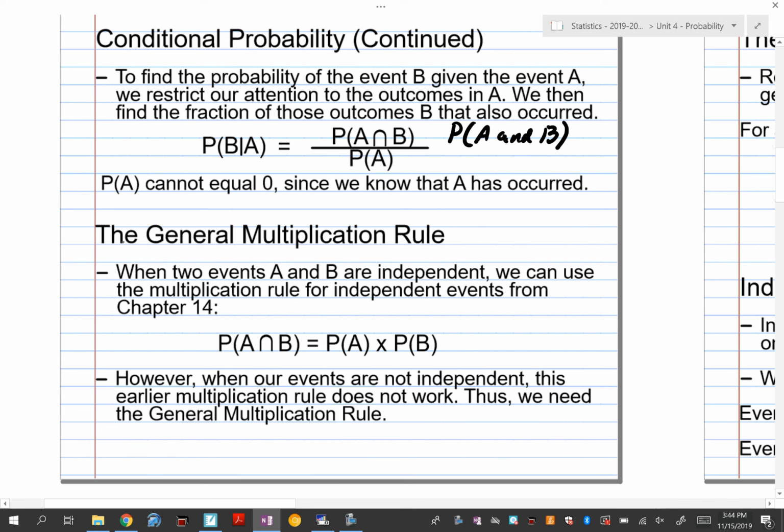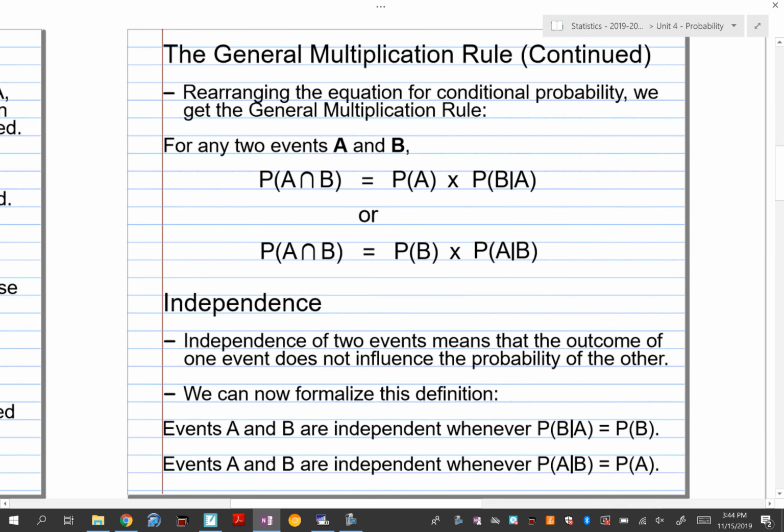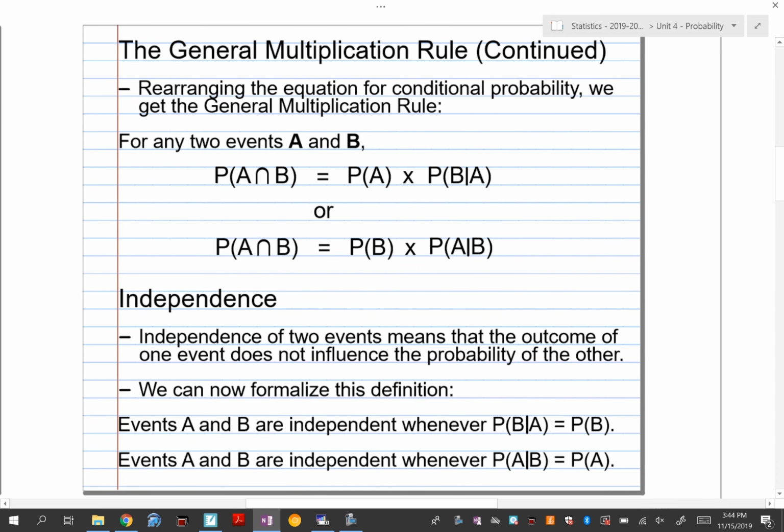Okay, now I told you guys the multiplication one's going to have to change. What's nice about this one is that it's just this form up here for conditional, just rearranged, all right? So if you look over here, all they did was rearrange the conditional formula. I'll give you an example. So it was this.